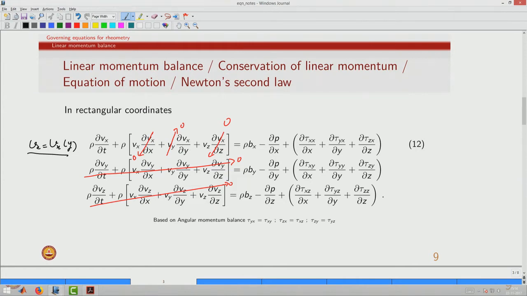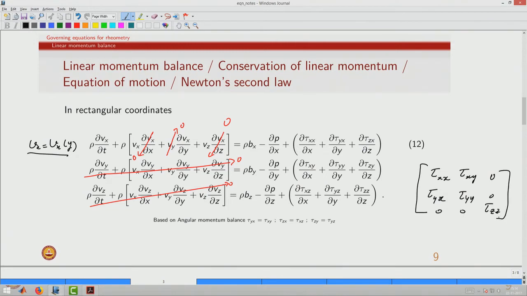In another lecture we have pointed out that the most general state of stress that can be there for such flow is where there are only 4 components of stress which are possible to be non-zero.